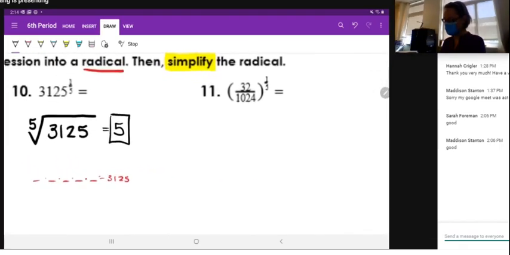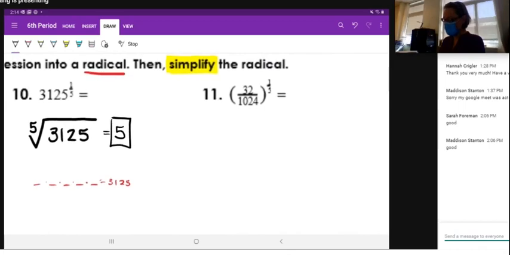Now number 11 is a little bit more complicated because it has a fraction involved, but don't let that throw you off. Here we start by rewriting this as a radical. So our base goes inside, exponent and index.